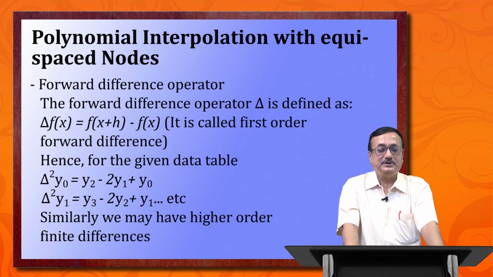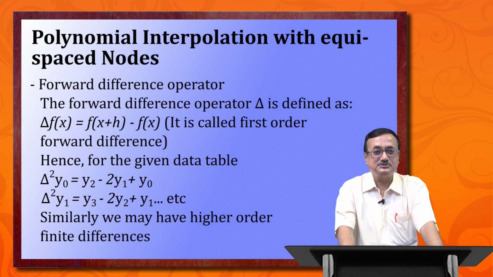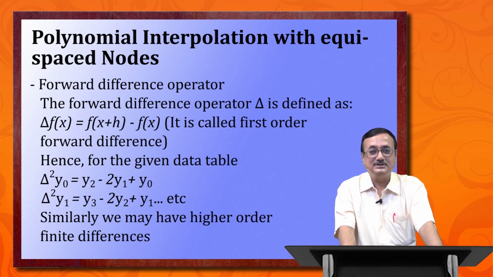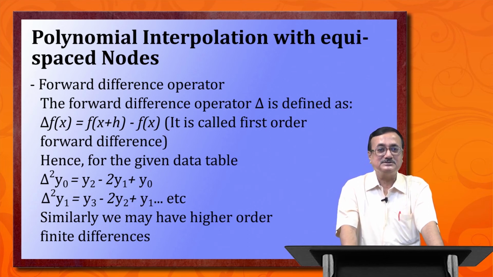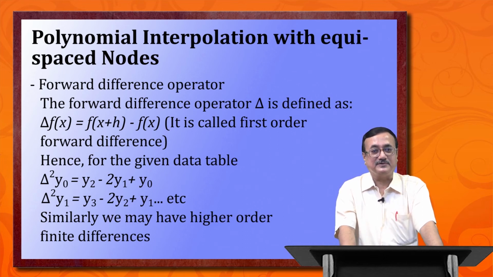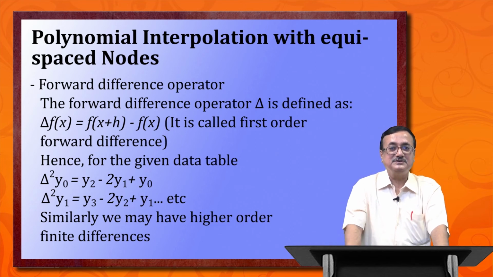Similarly, we can write delta of y0 is y1 minus y0. Delta operated on y1 will give us y2 minus y1. Delta operated on y(n minus 1) gives us yn minus y(n minus 1). The second order difference means delta square of f(x), that is delta on delta f(x), which gives us f(x plus 2h) minus 2f(x plus h) plus f(x).